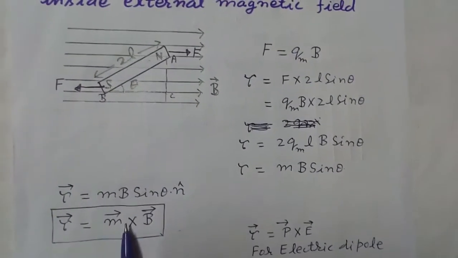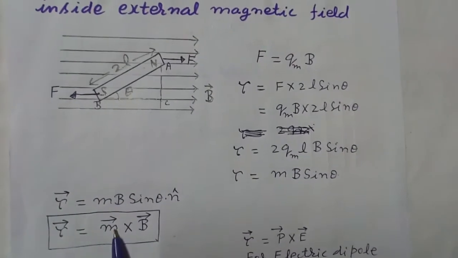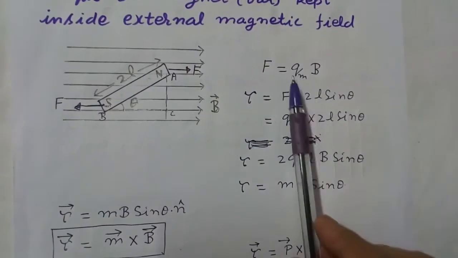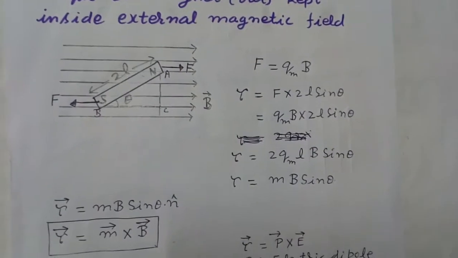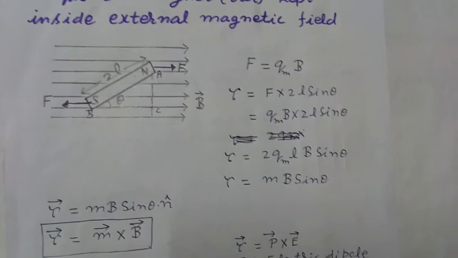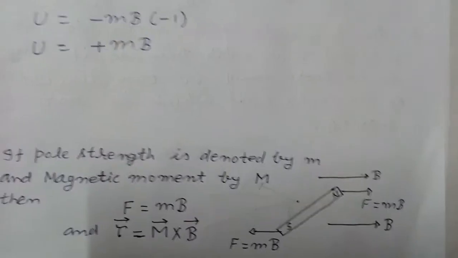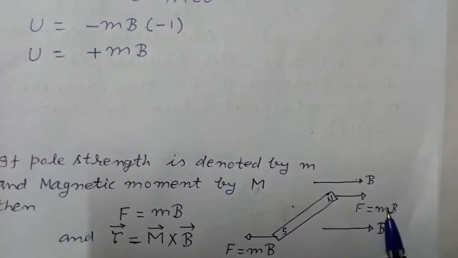Now here I have taken the symbol m for magnetic moment and Qm for pole strength. In some books you will study that the symbol for pole strength is small m and the symbol for magnetic moment is capital M. Then F will be equal to mB.